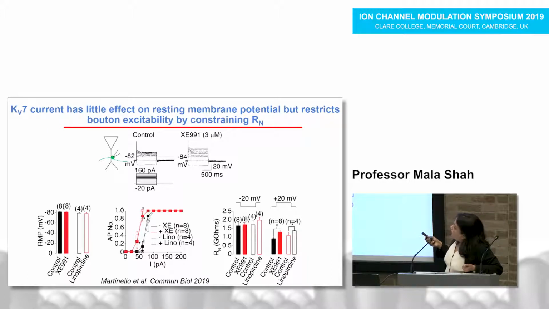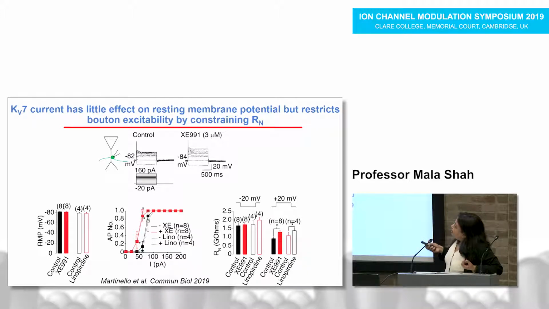This is because these boutons have the inward rectifier potassium current at very high densities, and so that dominates, that dictates the resting membrane potentials of these boutons.